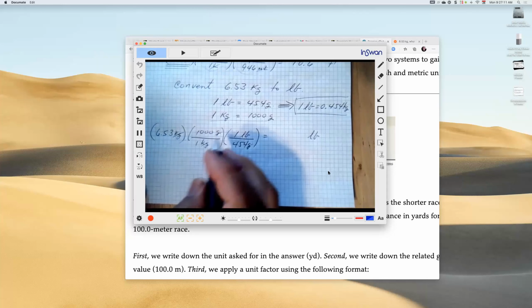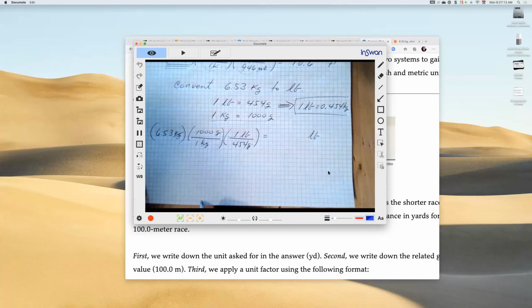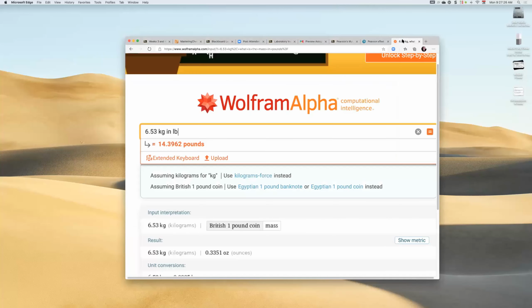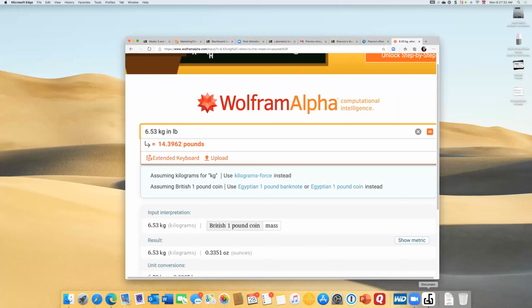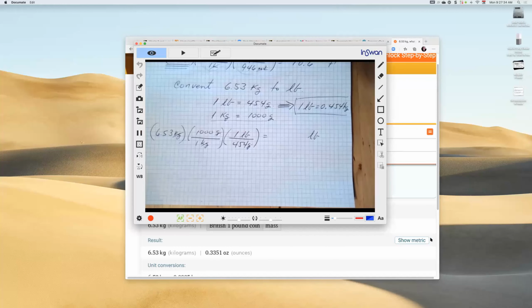And if we carry out the math of that, we should end up with the same answer that we had before with Wolfram Alpha, which was, I forgot, 14.4 pounds. So let's see if we get that. Okay.